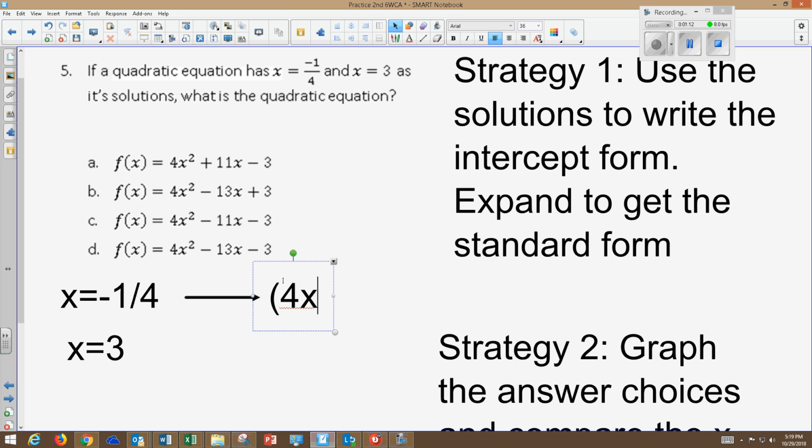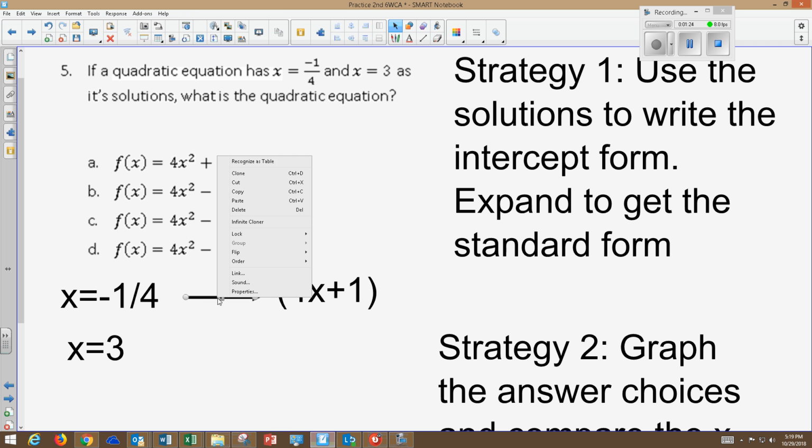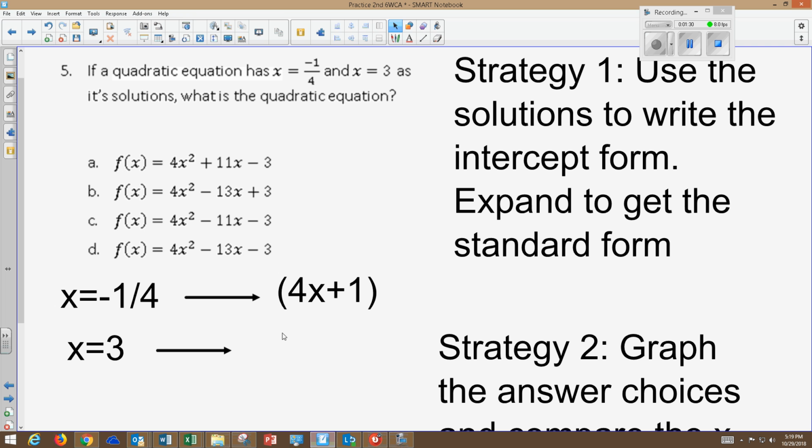That tells me I have a factor of 4x plus 1, because if x is negative 1/4, then you're going to have that factor. And if x is equal to 3, then that gives me the factor x minus 3.